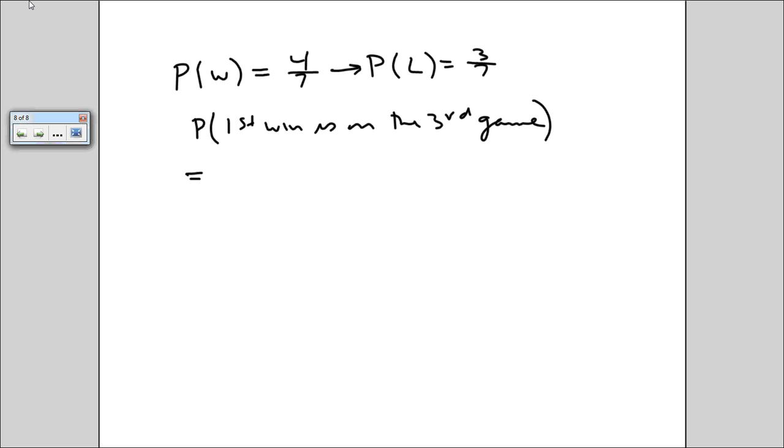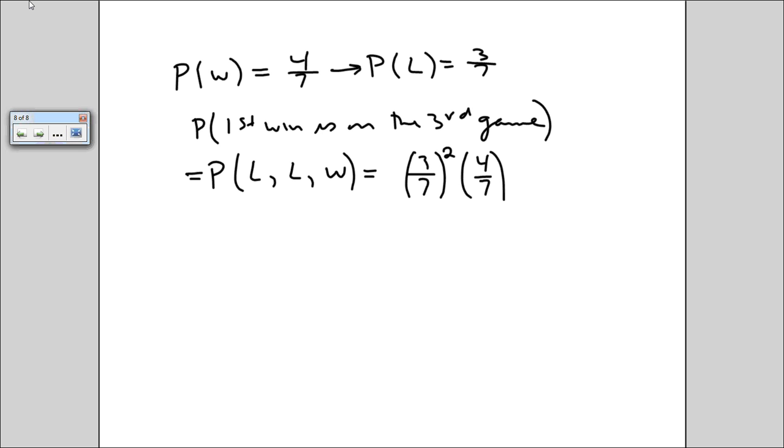So basically we're asking, what's the probability that they lose the first game, lose the second game, and win the third game? So the probability they lose is 3 over 7, and they're going to do that 2 times in a row, and then they win 4 out of 7.